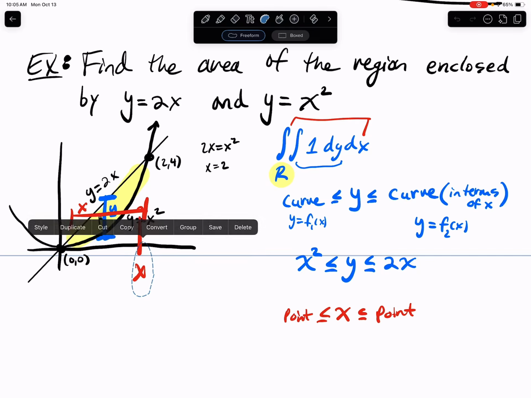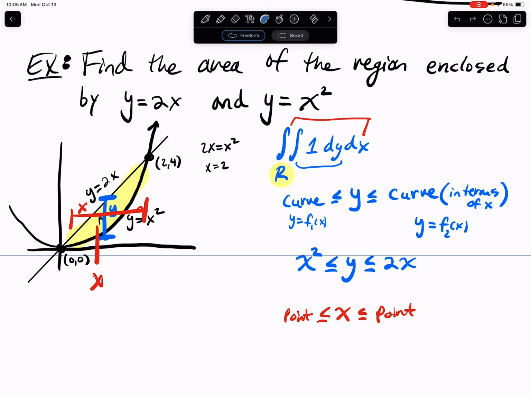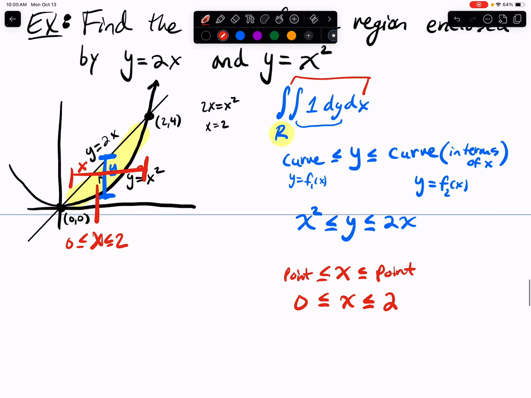So all my x values range from 0 to 2. So point to point is from x equals 0 to x equals 2. So how do I integrate this? The integral from 0 to 2, and then x squared to 2x of 1 dy dx.